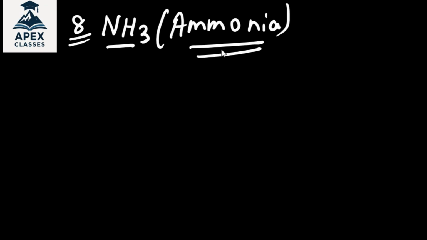But in our liver there are certain mechanisms by which this ammonia gets converted to urea. So if someone takes in a large amount of protein, then the amount of urea getting formed will be more, because more ammonia will be formed.